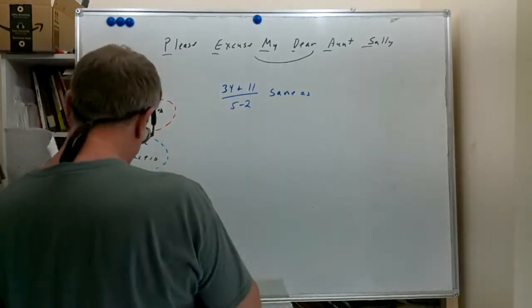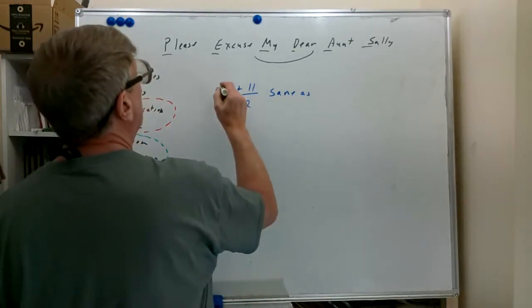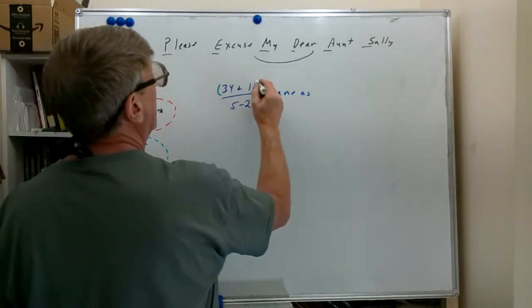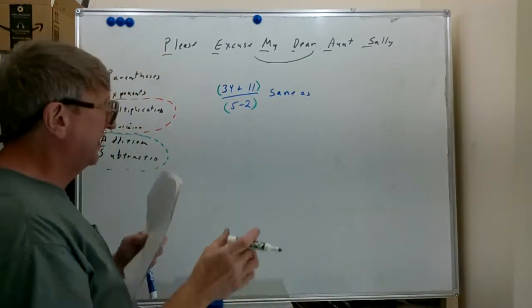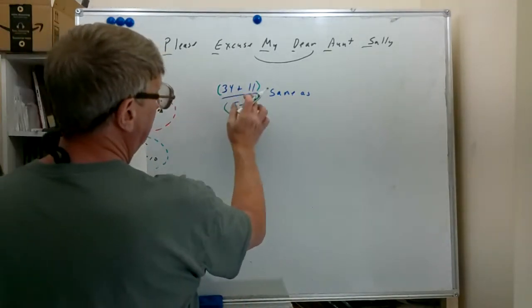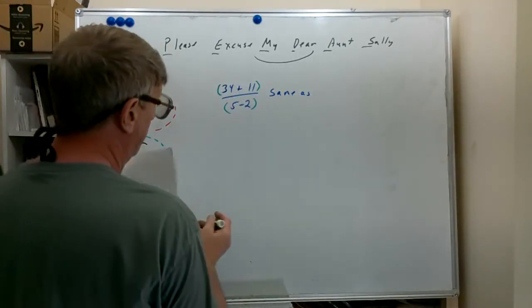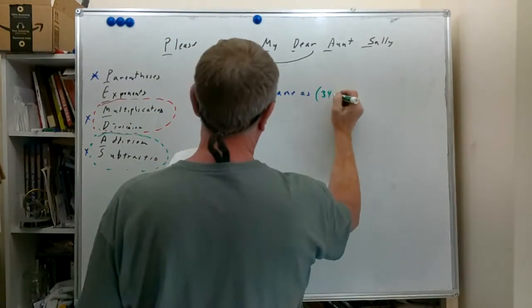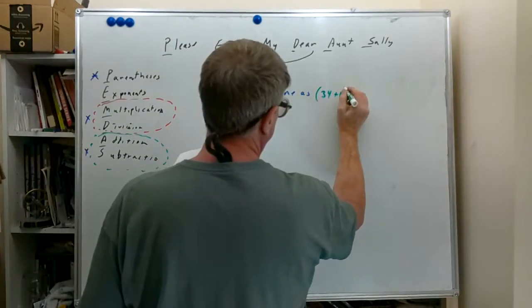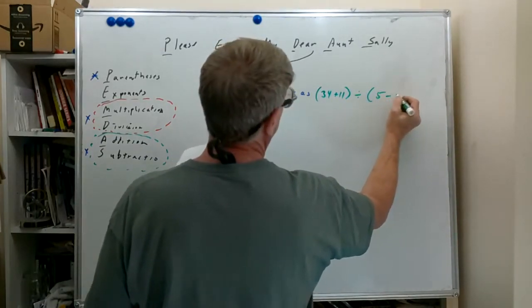So we could put a parenthesis around everything above the fraction line and everything below the fraction line. It doesn't change anything. That fraction line has an implied parenthesis in it. So this is the same as 34 plus 11 divided by 5 minus 2.